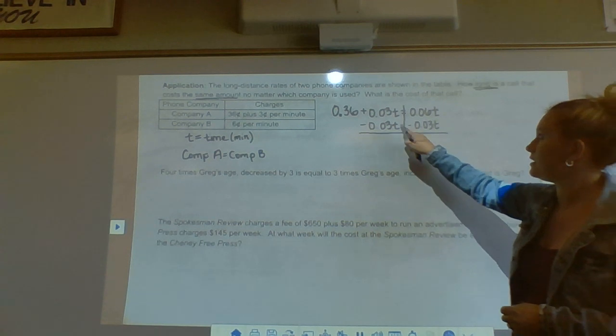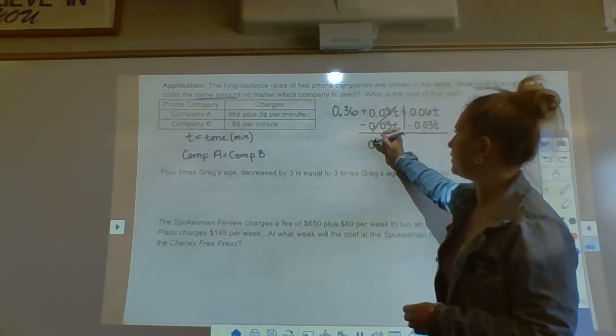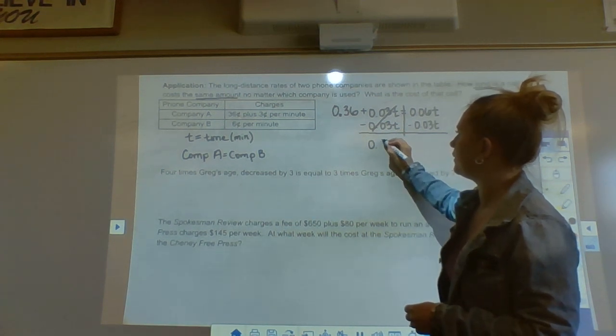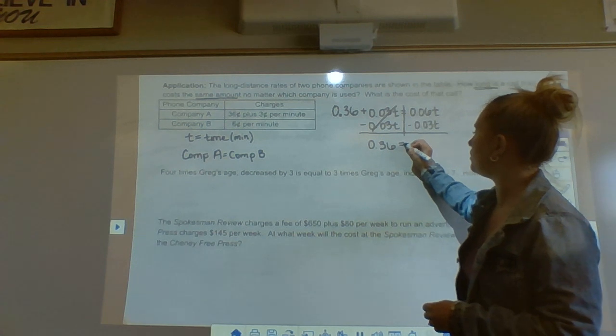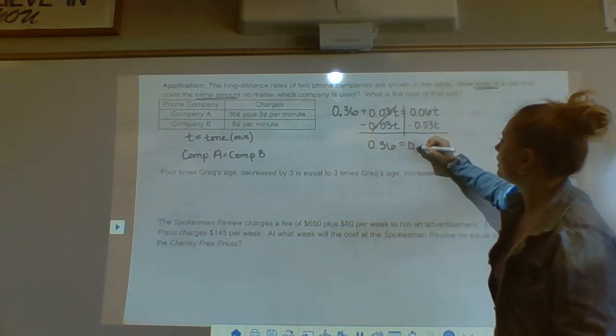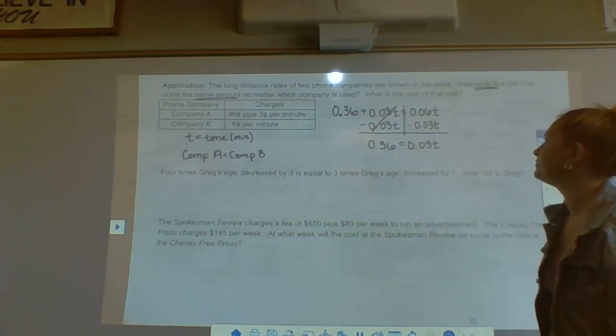All right, this is gone. Those have eliminated. So we have 0.36 equals 0.06 minus 0.03, well, that's 0.03 t.